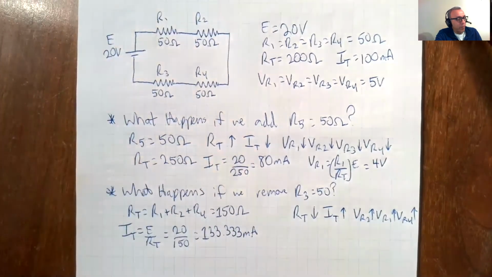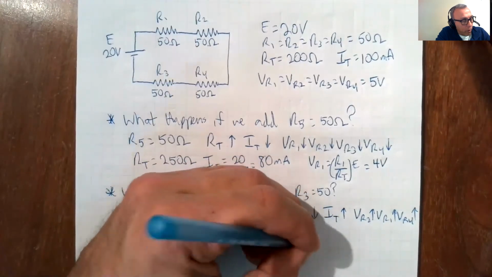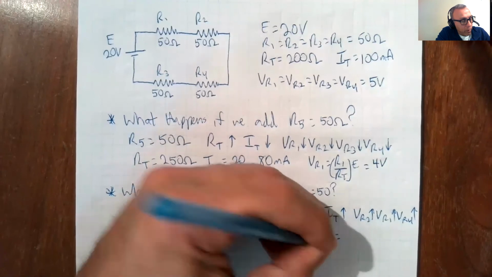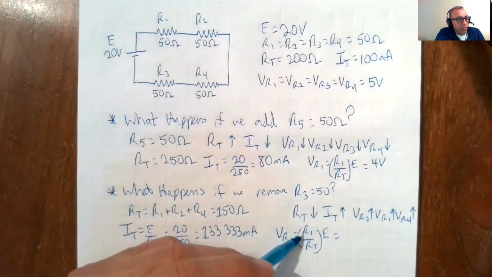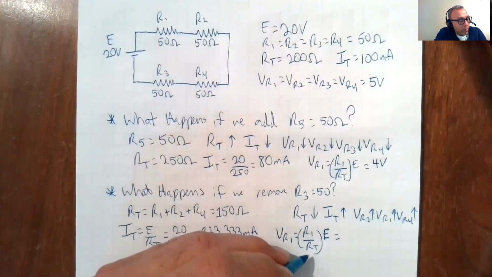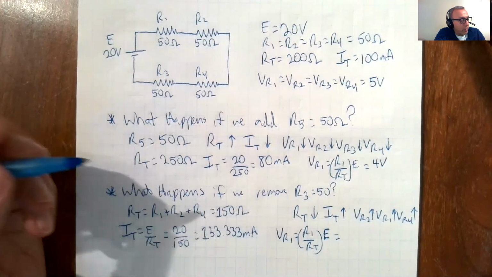All right. And then VR1 is now equal to R1 over RT times E, right? R1 stayed the same, E stayed the same, RT went down. If the denominator goes down, then the result goes up.